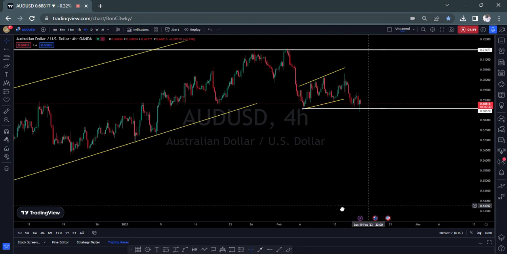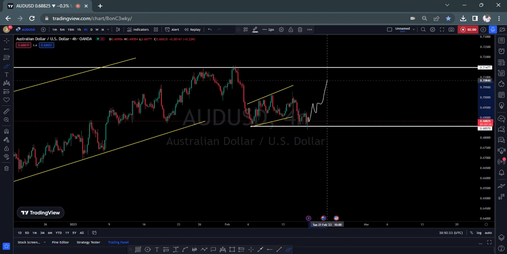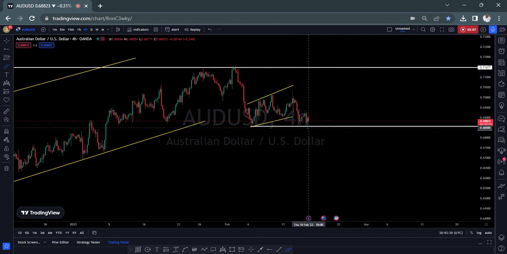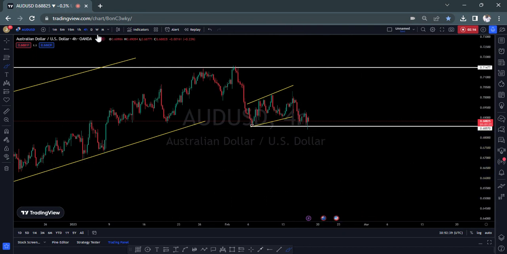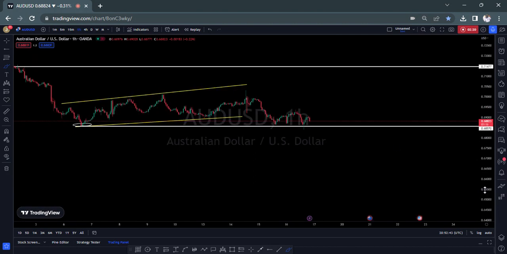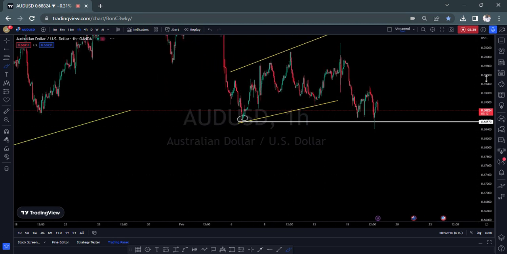So we don't know, maybe it would go up a little bit to tag this area, then come down, or it will break this low and continue trickling its way to the downside. So let's go to the lower time frame to see what is actually happening.